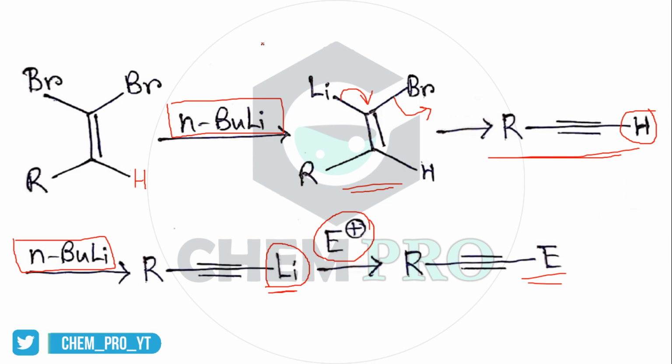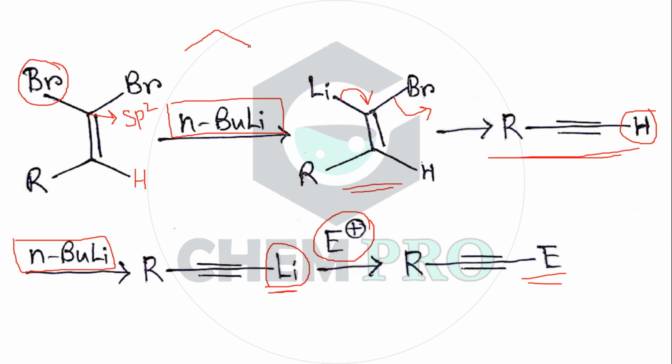So let me first say one thing, that here the bromine is with the sp2 carbon. Okay, this is an sp2 carbon, and in n-butyllithium, the lithium ion is with the sp3 carbon.